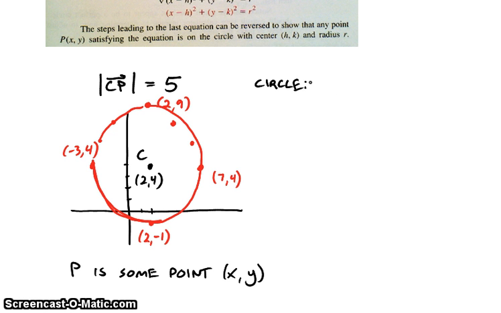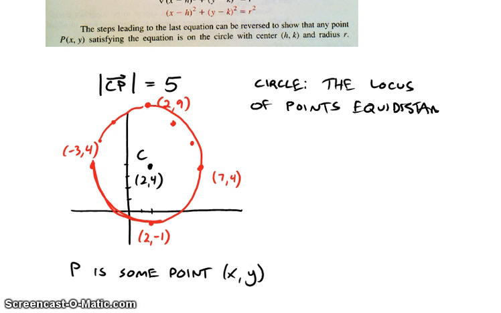A circle is the locus, L-O-C-U-S, the locus of points equidistant, big word there, from a fixed point. That fixed point is the center of the circle.